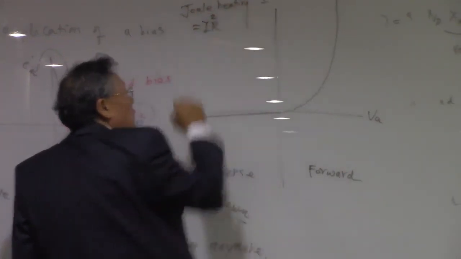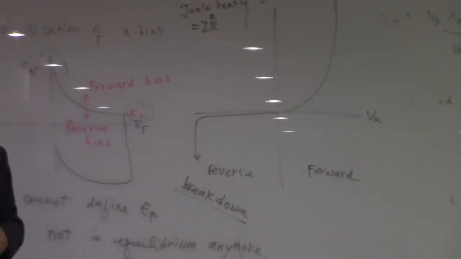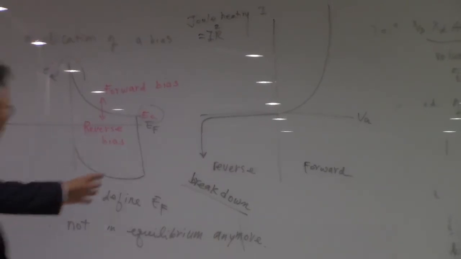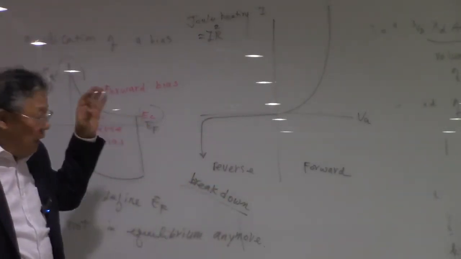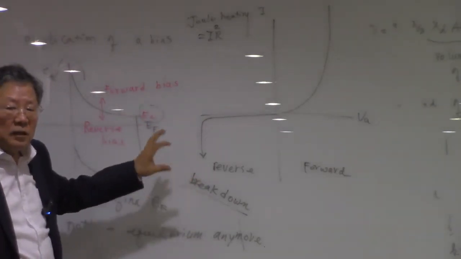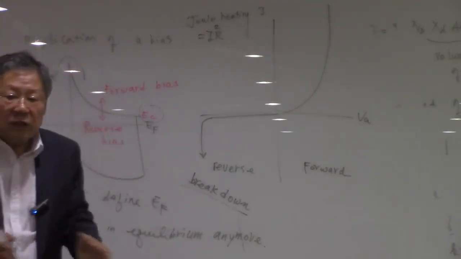That is energy. So from this breakdown you're going to generate a lot of heat, and that heat is going to melt down the junctions. So breakdown itself is not going to do any harm, but the heat generated from this breakdown will ruin the junctions.